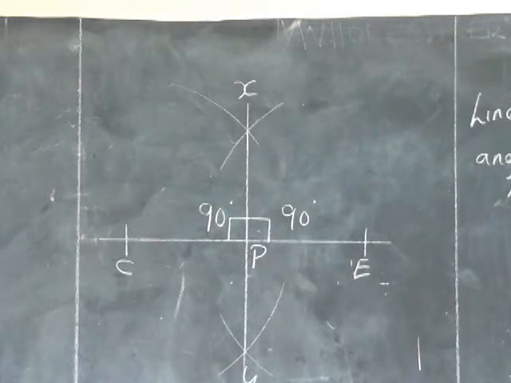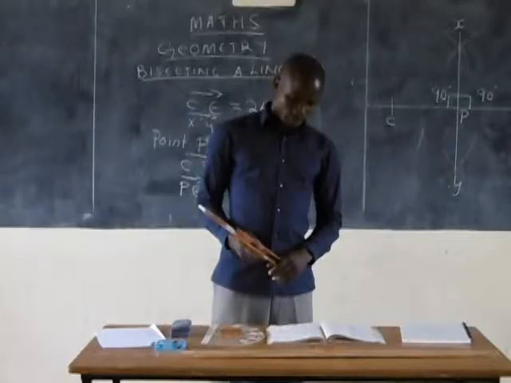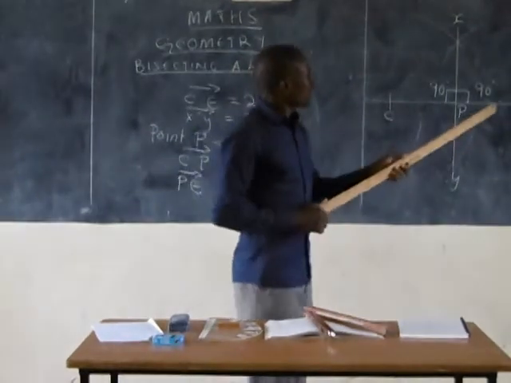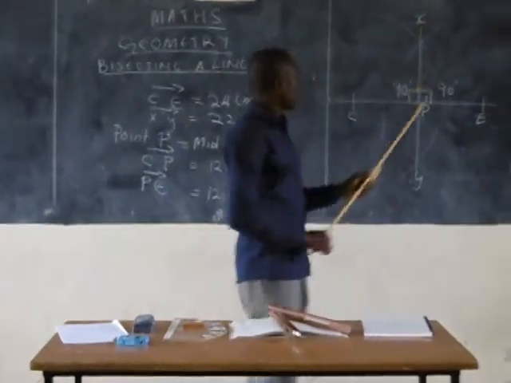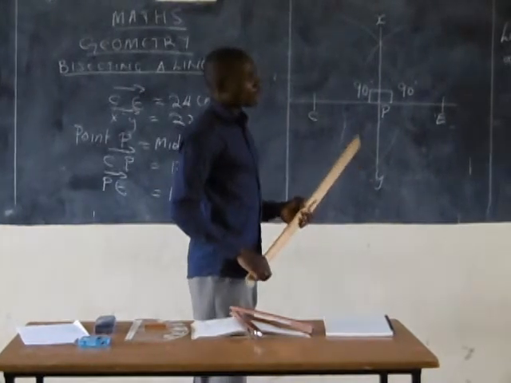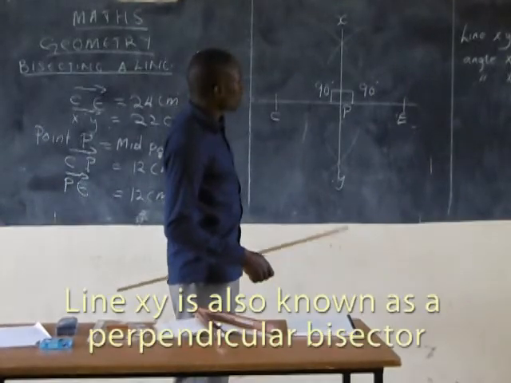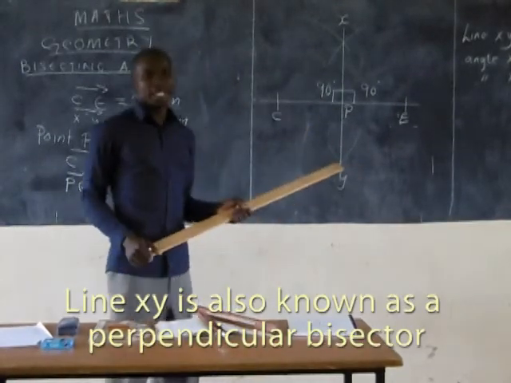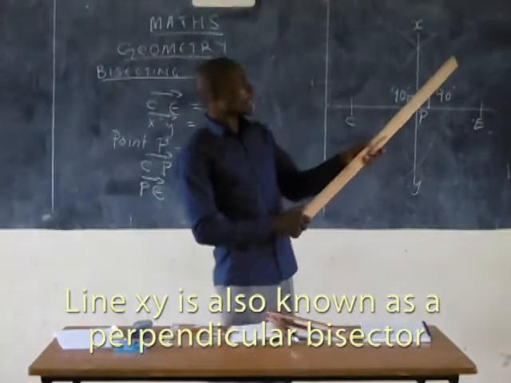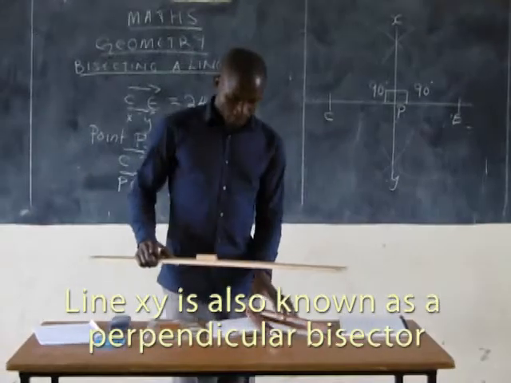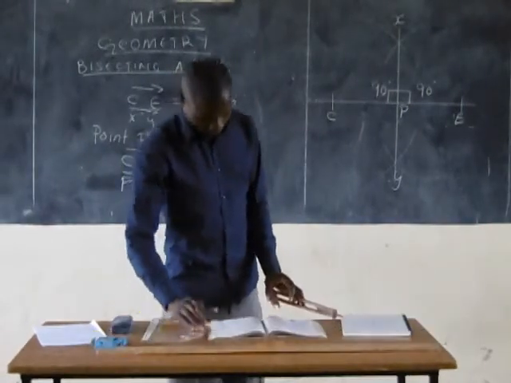I want to do more practice on such questions. Apart from the name bisector line, line XY is also known as the perpendicular bisector.